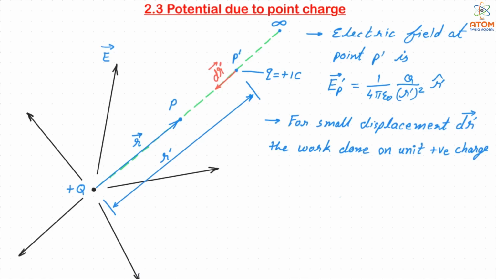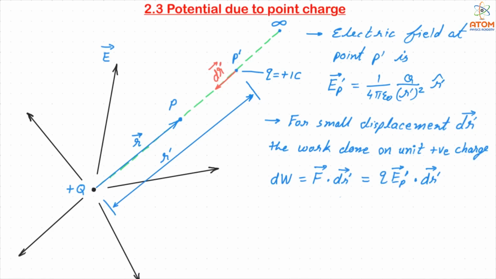So for small displacement dr dash, the work done on unit positive charge will be, let me write it like dW. So dW will be equal to F dot dr dash, where F is the force on that unit positive charge. So that I can write like q EP dash dot dr dash.